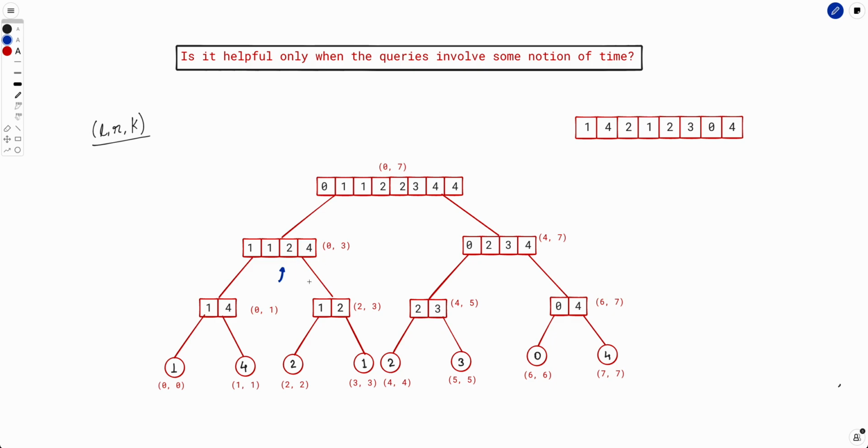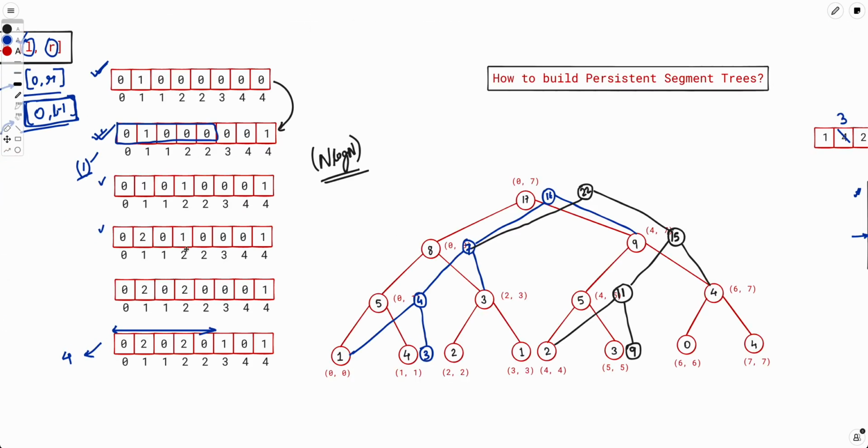You can say, okay, I will update this particular position to 4, and you can just propagate the update in the chain, right? But if you update this 2 to 4, whatever next segment tree you build will be on top of this particular segment tree, right? But if you don't want your next segment tree to be on top of this, this strategy will actually not work.